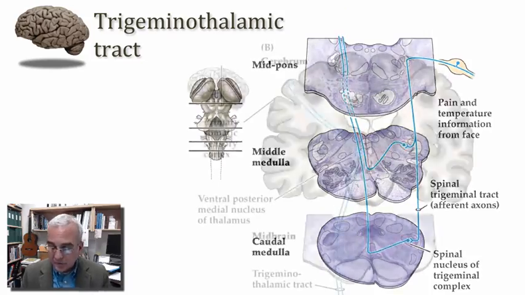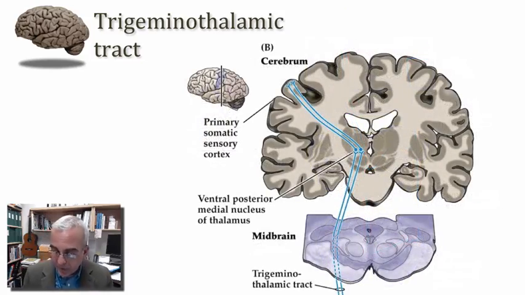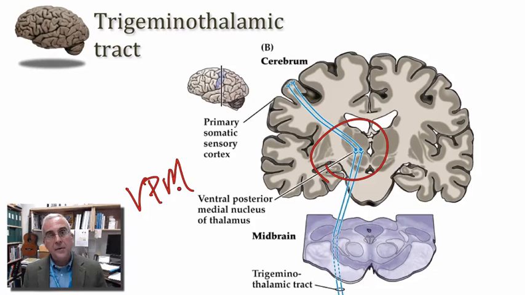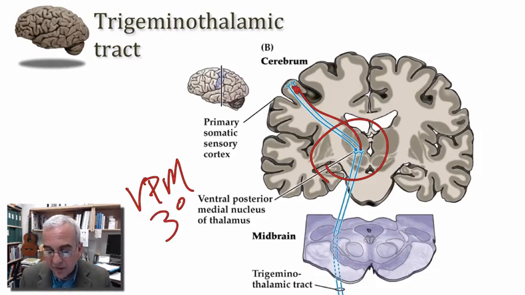And that axon will continue to grow in the superior direction until it reaches the ventral posterior complex of the thalamus and makes a synaptic connection in the VPM, the ventral posterior medial nucleus. So this is where we would find our third order neurons that then project into the inferior segment of the postcentral gyrus, which is where the face would be represented. So once again, we have access to a somatotopic map so that we can carefully localize the source of the stimulation.